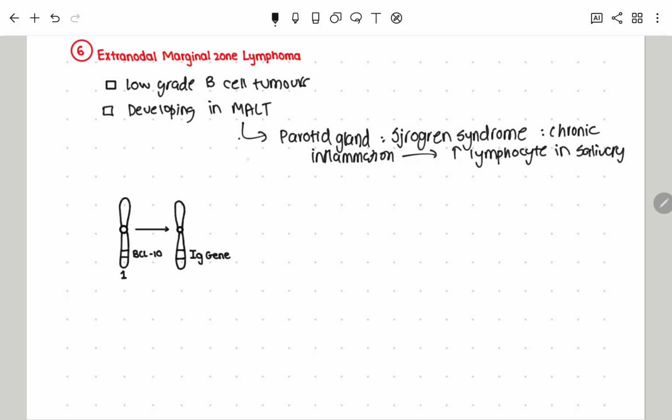And then the other place where you have mucosa-associated lymphoid tissue is in the GIT. So GIT is another common site where extranodal marginal zone lymphoma can occur.